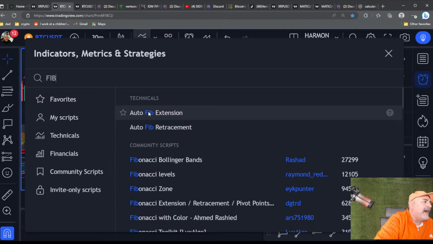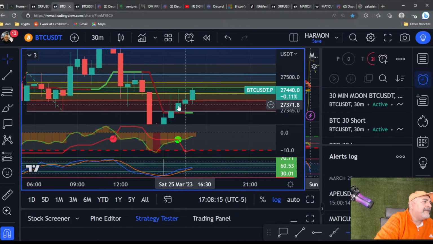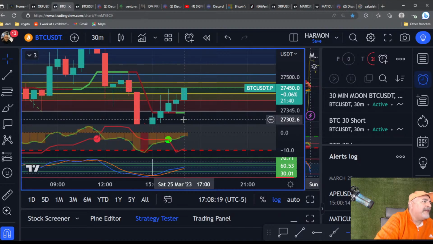Click on the Auto Fib extension. Auto means that they will draw the lines for you, so that way they're not subjective, they're actually correct. Because if you don't know how to draw, then you don't know what you're doing.